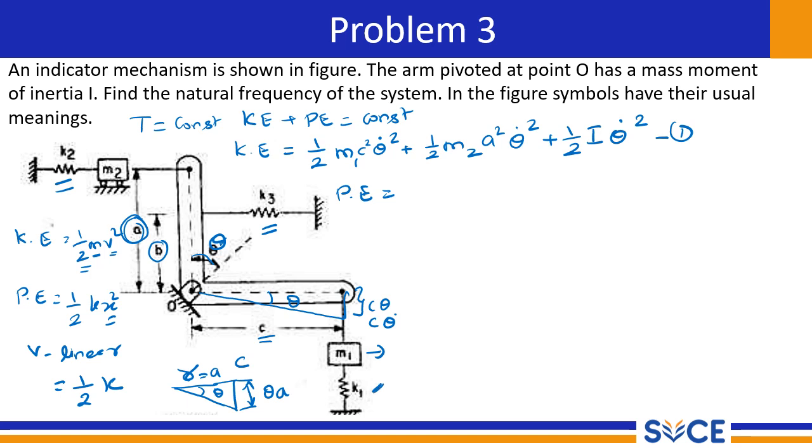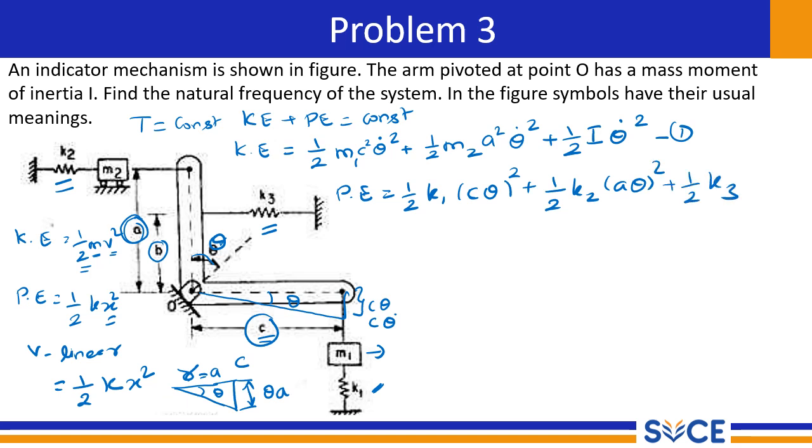So potential energy is half k x square. We put half stiffness for the first spring K1, whose deflection is c, so it is c theta square. Similarly, we can write half K2, which is connected at a deflection, so a theta square, plus half K3.